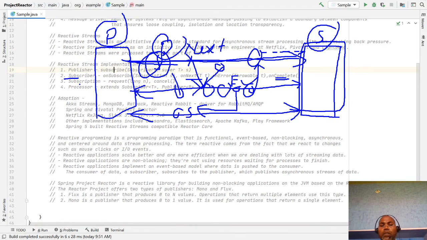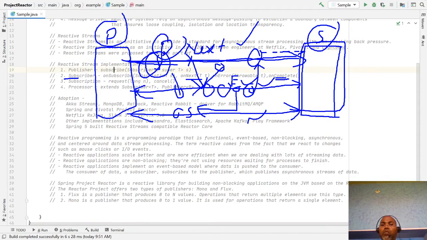So as per the reactive manifesto, your system should be responsive, resilient, elastic, and message driven. These are the four. Your system should be responsive in the case of data, in the case of failure, and in the case of completion. Your system should be elastic.